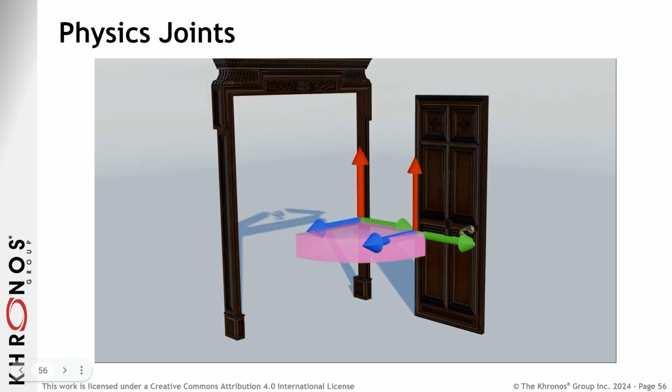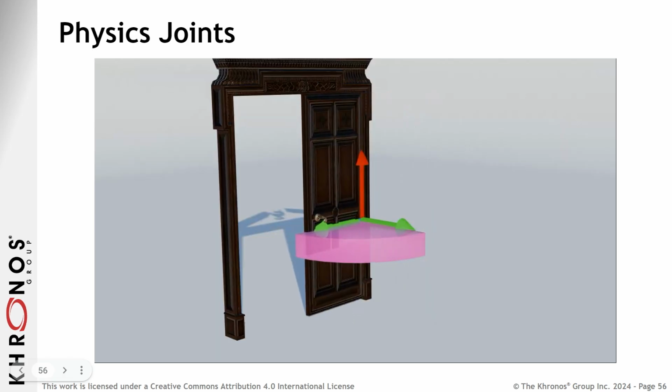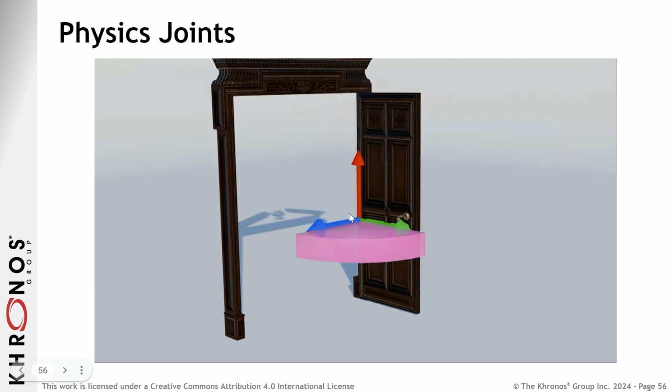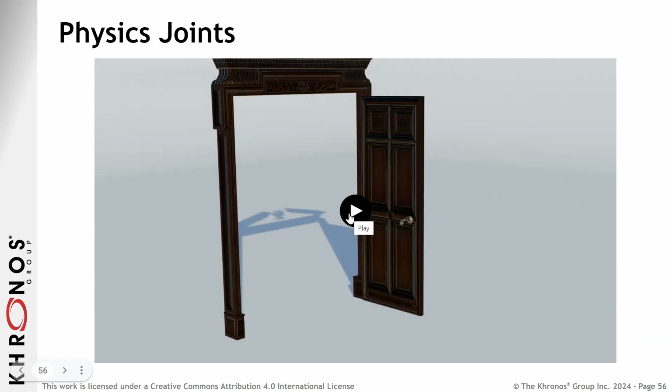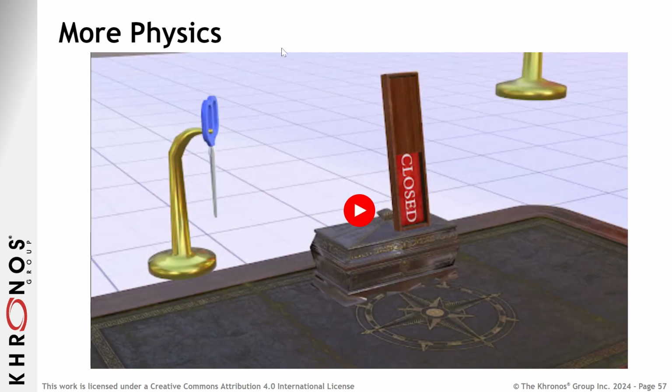That's the pink area here. And that allows the physics simulation to say, this is how those objects should behave, how they should be connected, and it can apply forces to keep them consistent for the physics representation.